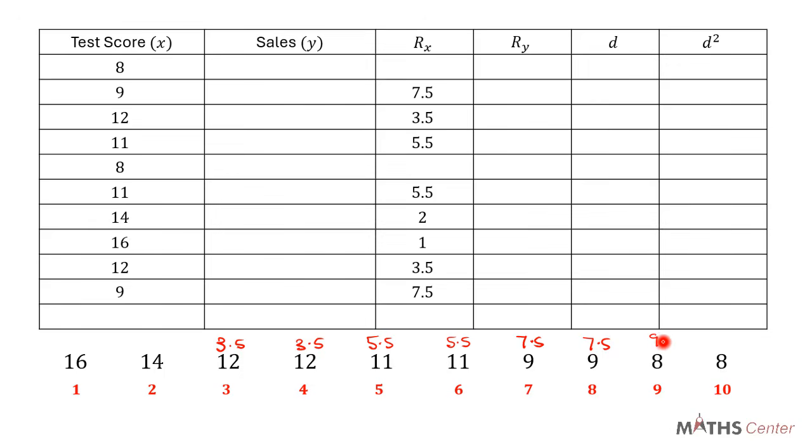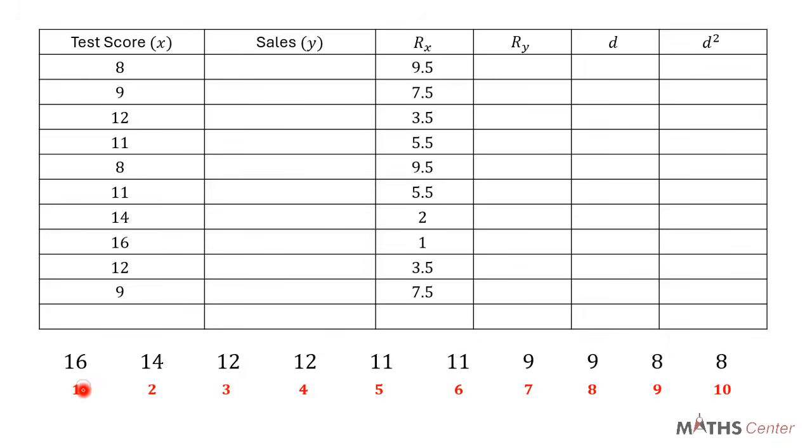So this 8 will have a rank of 9.5 and this 8 will also have a rank of 9.5. So from our table, 8 here will have a rank of 9.5 and 8 here will have a rank of 9.5. So this is how to rank the scores when a particular score occurs more than once. You add the ranks for that particular score and then you find the average, just as we have done here.